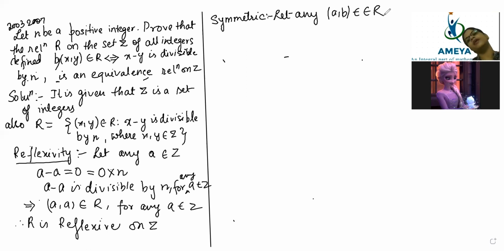So let any A comma B belongs to R. So I am writing here for divisibility. I'm telling you, any AB is present inside R. Now we have to prove BA is also present inside R. So what we can say? A minus B is divisible by N.